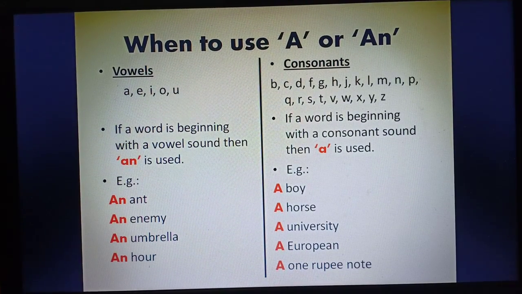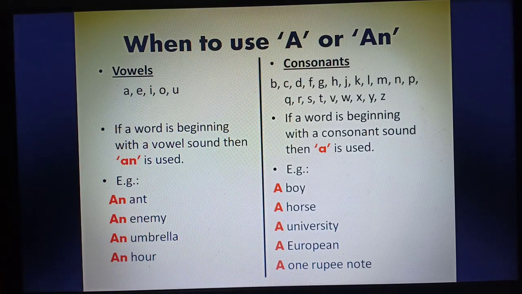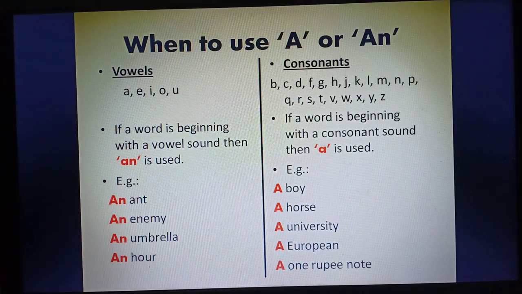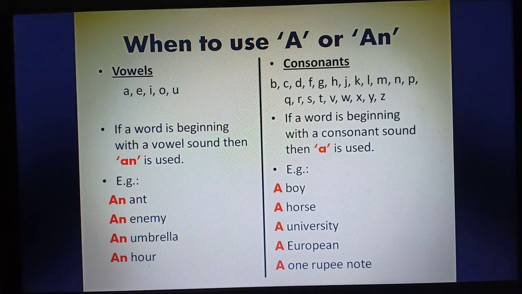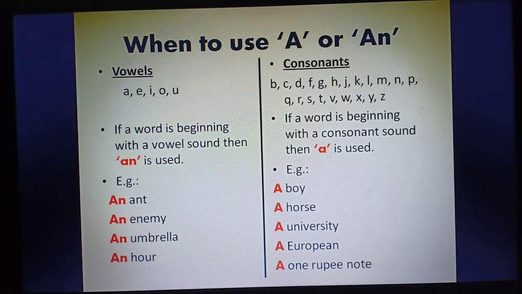The 5 vowels are A, E, I, O, U. And the remaining 21 consonants are B, C, D, F, G, H, J, K, L, M, N, P, Q, R, S, T, V, W, X, Y and Z.